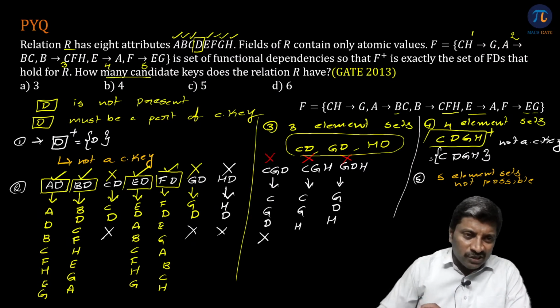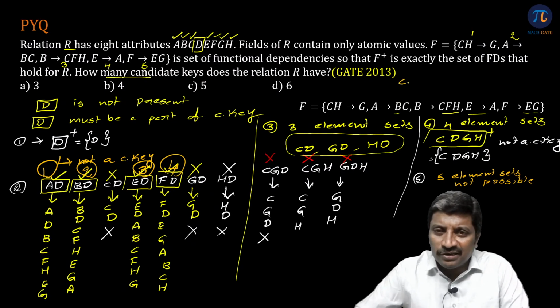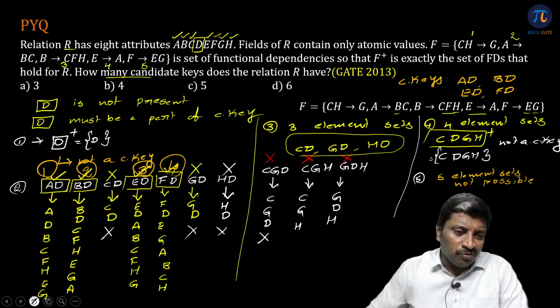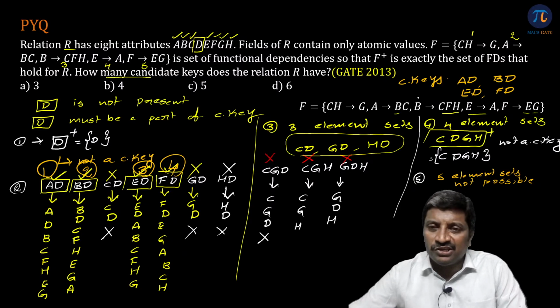So how many candidate keys do you have, sir? 1, 2, 3, 4. Let me write them here. The candidate keys: AD, BD, ED, FD. So these are the 4 candidate keys that the given relation has.